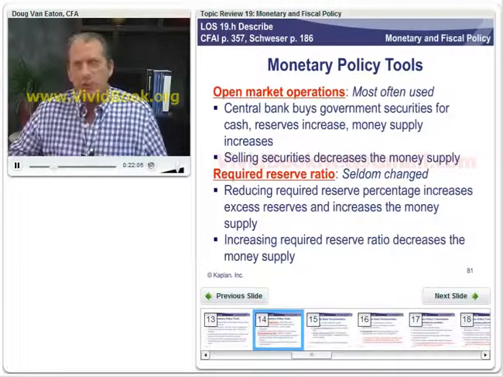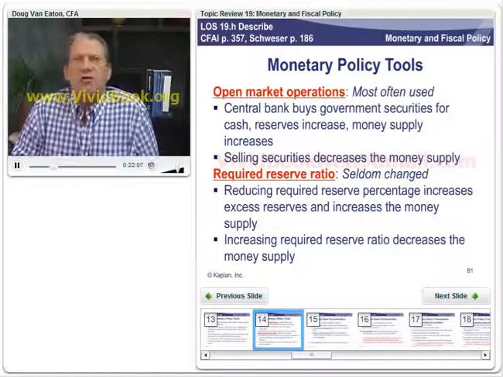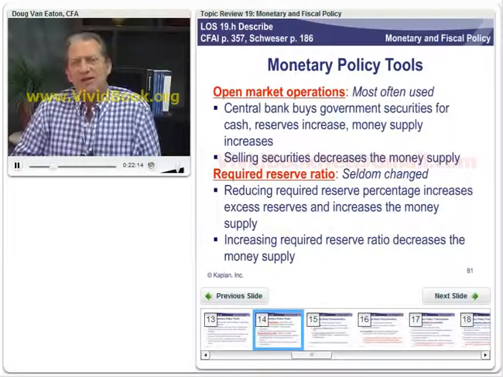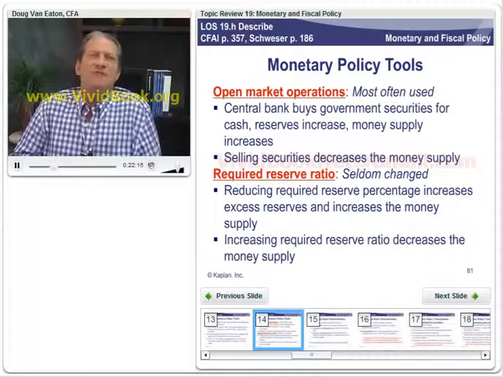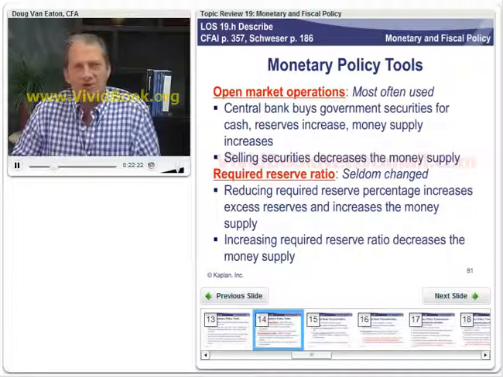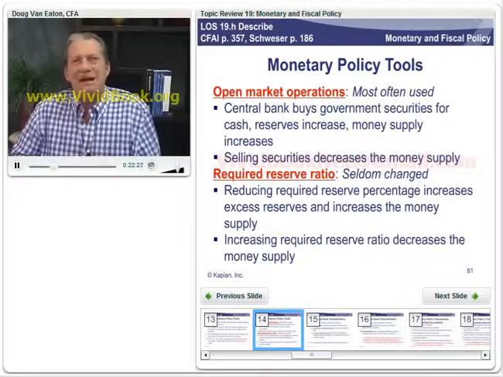The other two ways that they manage the money supply is through open market operations. Well, open market operations are going on all the time. And if they decide to change the Fed funds rate, they do this by increasing or decreasing the money supply. Well, how do they do this? Well, the central bank can go out and buy government securities.